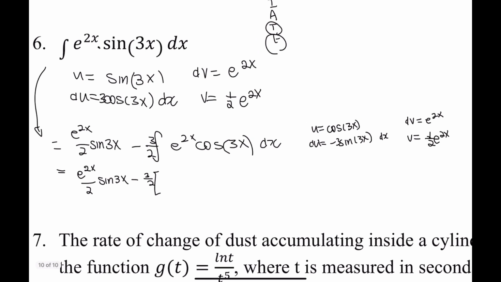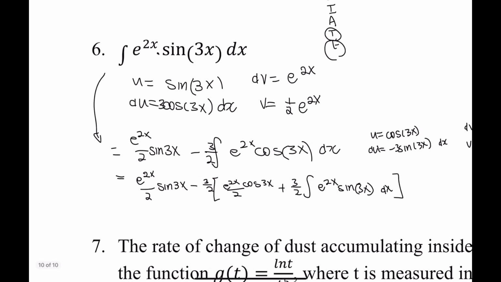Okay. u times v is going to be e to the 2x over 2 cosine 3x, minus 1/2 and then negative 3, so it's going to be positive 3 over 2 outside of the integral, and then e to the 2x sine 3x dx.